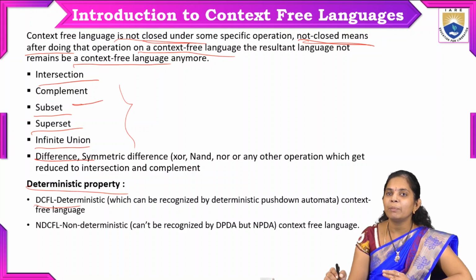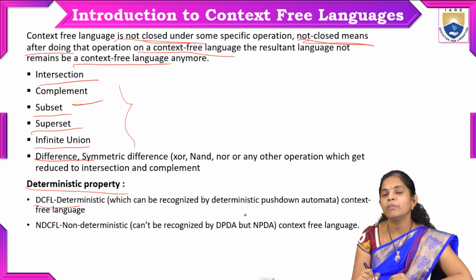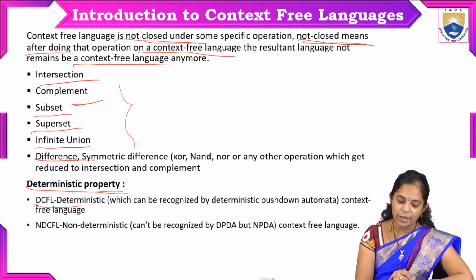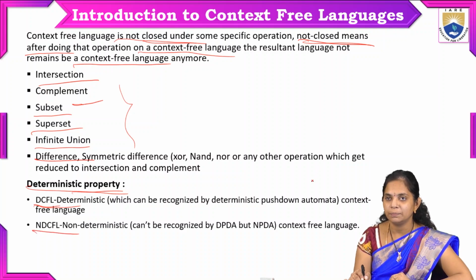We can't map the same input to another state. That is nothing but deterministic. This is also one of the properties of context free languages. So we have deterministic CFL and non-deterministic CFL.